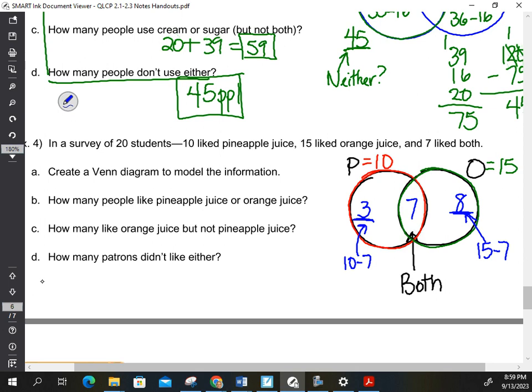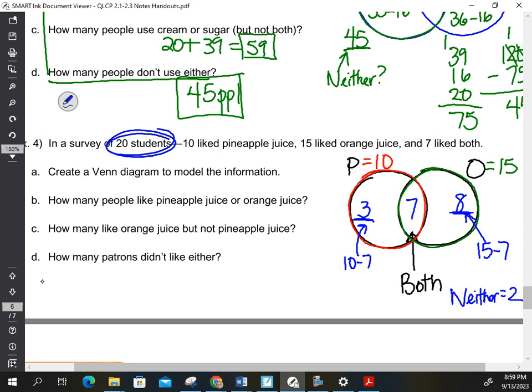So there's your Venn diagram. 3 plus 7 plus 8 gives you 18. You need 20. That means there is a neither region. So your neither is 2 people that don't like either one of them.